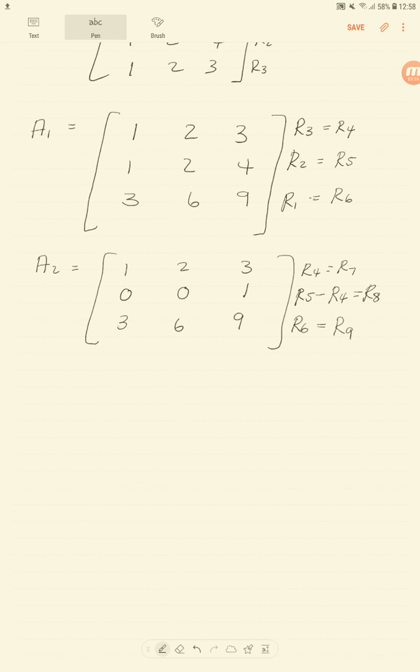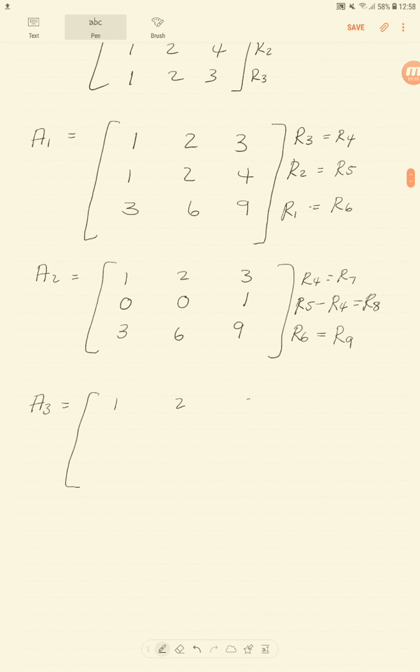Now we also want a 0 in this first entry of row 3, and we can obtain that by subtracting from row 9 3 times row 4. This will become row 12.